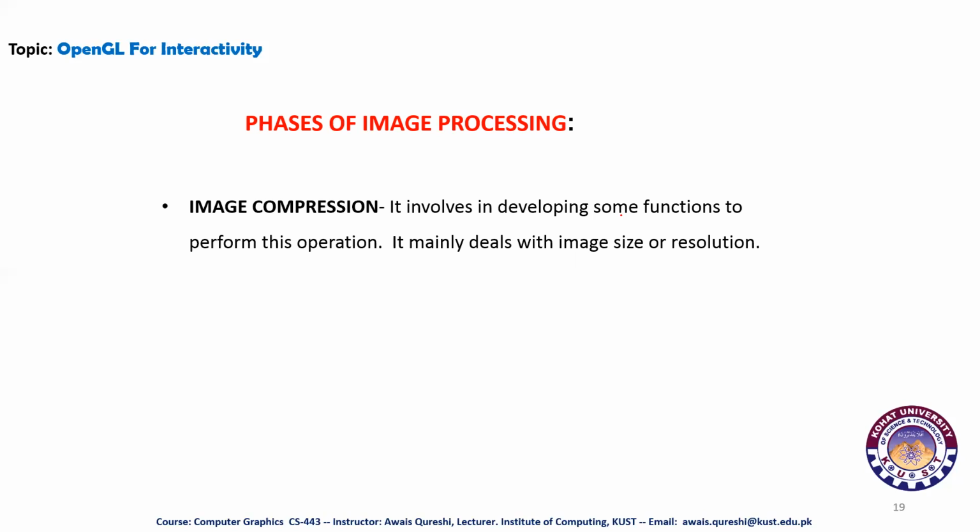If the image size is too big and you want to transfer that image from one location to another, or move images for storage purposes, in this sense you perform some image compression and then upload or transfer those images. So it mainly deals with image size and resolution, how we retain image resolution and quality but in smaller size. So image compression is a separate field in image processing, and it comes under the umbrella of digital image processing.